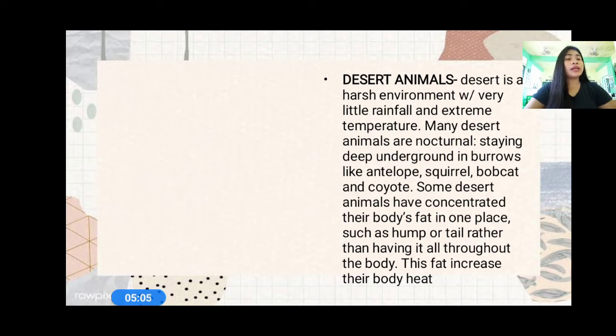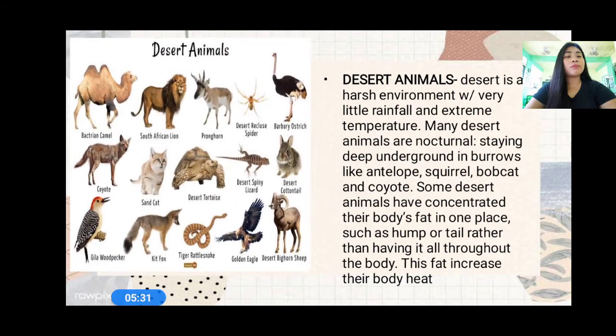Nocturnal are the animals that stay deep underground in burrows like antelope, squirrel, bobcat, and coyote. Okay, so some desert animals have concentrated their body's fat in one place, such as a hump or a tail, rather than having it all throughout the body. Now, this fat increases their body heat. So these are some of the desert animals.